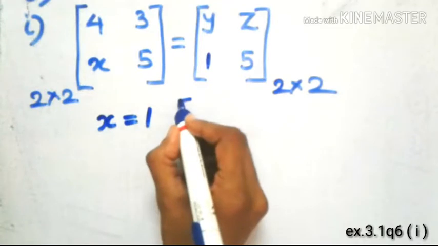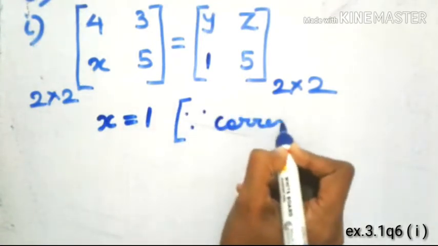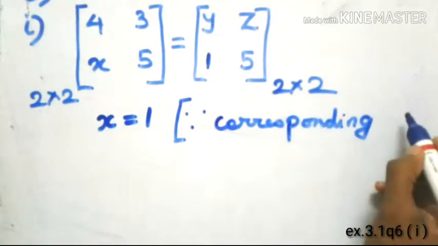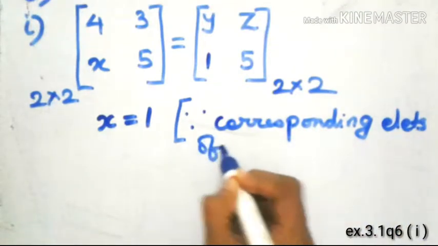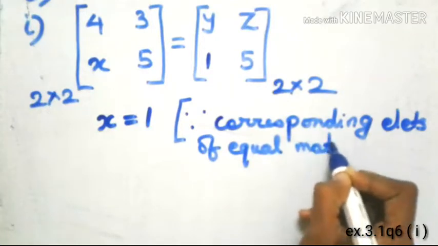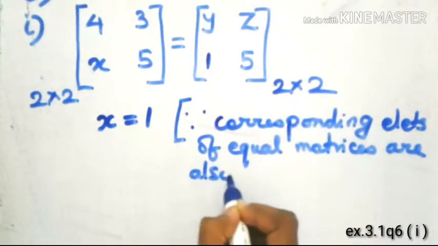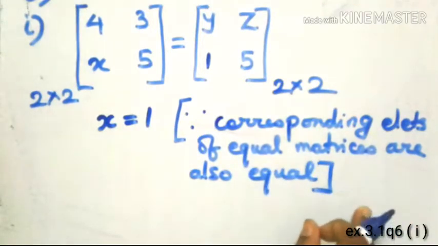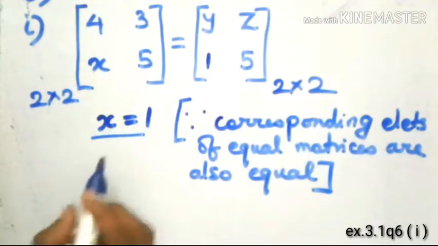We can always write the reason here: since corresponding elements of equal matrices are also equal. So using this criterion we are going to solve the problem.